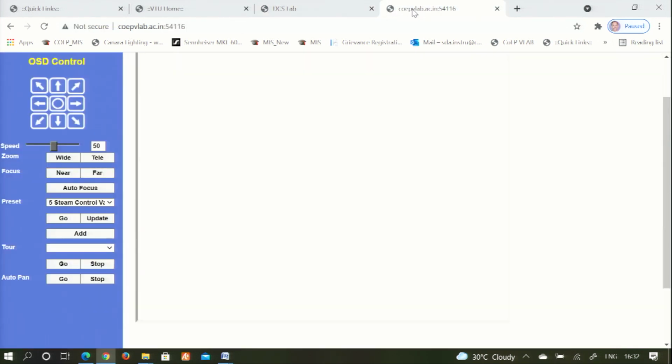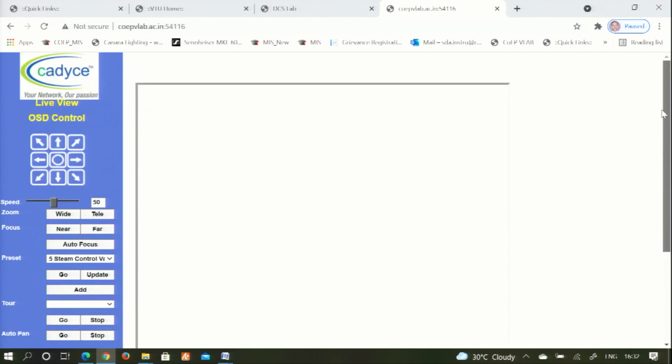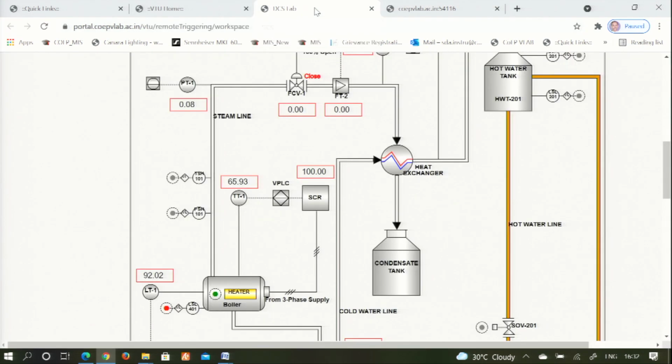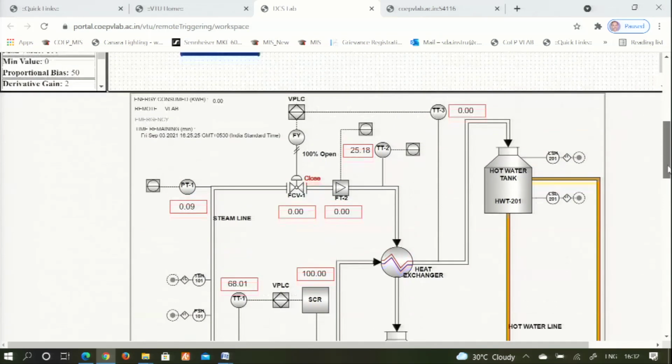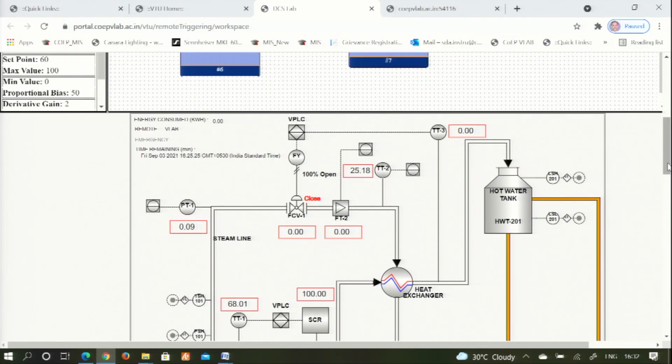Now, for example, I want to have this picture once again, which shows me whether temperature is increasing or not, whether pressure is increasing or not. At present the pressure will not increase because the temperature is just 66, means the water is just hot. But slowly when it goes too high, I am going to show you, when the temperature goes high, slowly the pressure will go on increasing, right.